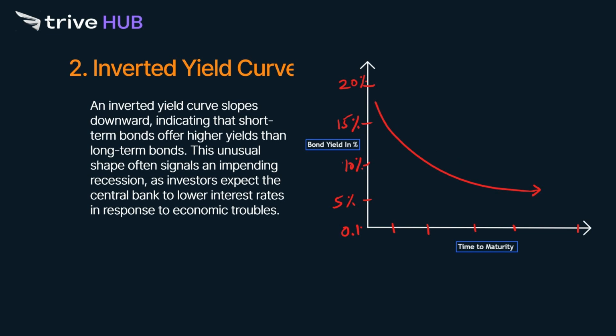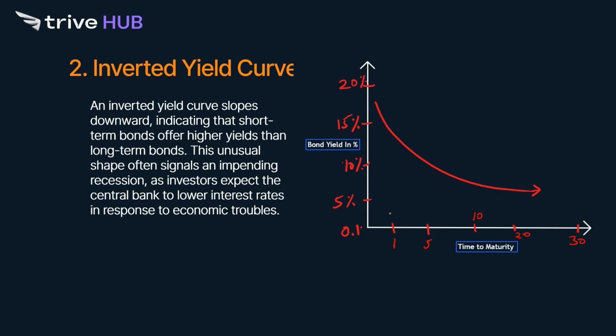We have discussed in the previous chart that this is 1 year, 5 year, 10 year, 20 and 30 year time to maturity, and this is the interest rate on the vertical axis.